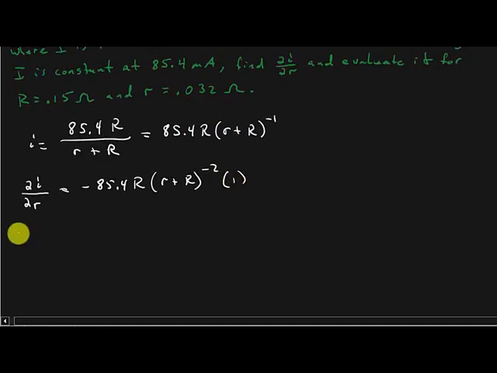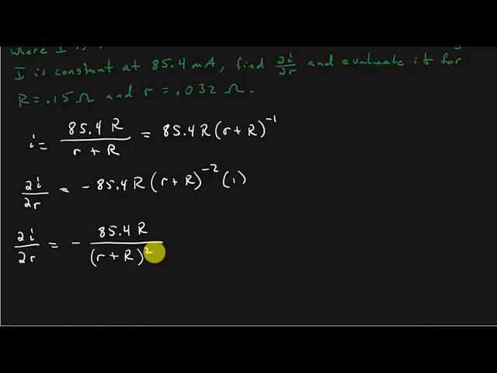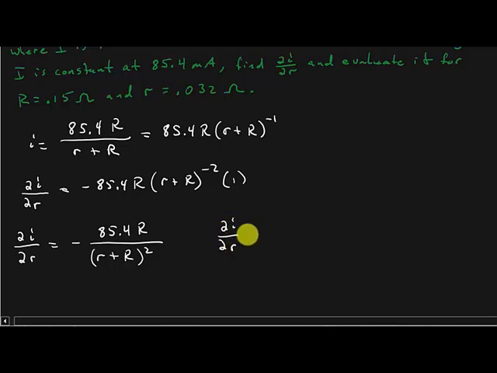And so I get the partial of I with respect to r is equal to negative 85.4 R over r plus big R squared. And so that's your derivative right there.